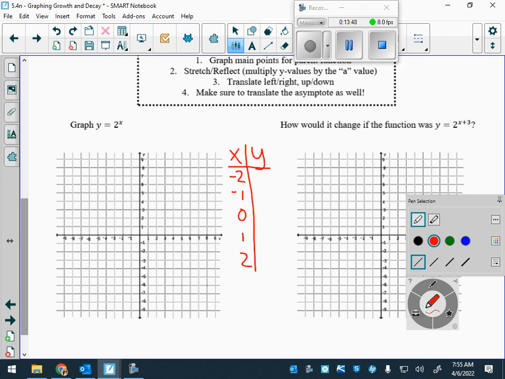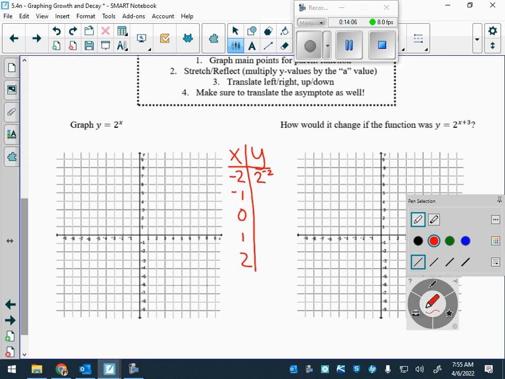That's the table of values I've used for all parent functions. So here we have 2 to the x. So the -2 is in the exponent, so we have 2 to the -2nd.